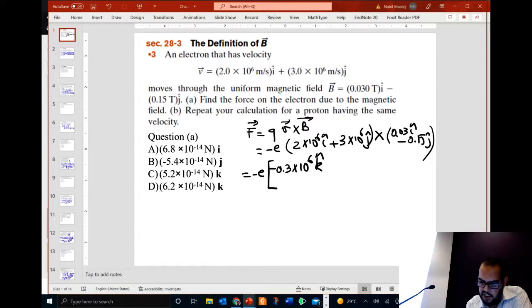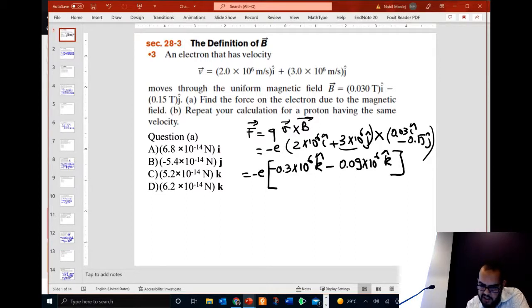Now let's move to the second element, 3×10^6 j crossed with i. j crossed with i is minus k. So it will be minus 3 times 0.03, so that's 0.09×10^6 k. And obviously j crossed with j will give me 0.